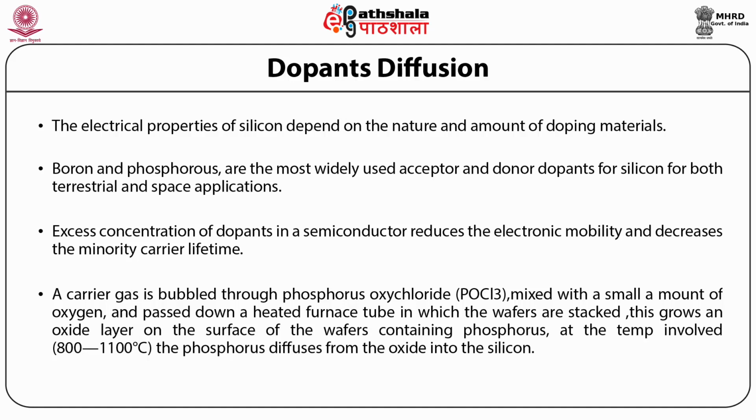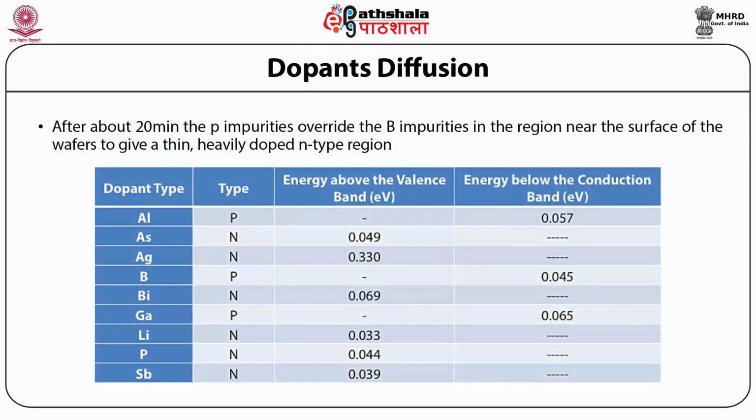This makes the silicon wafer N-type on the surfaces. So after about 20 minutes, the N-type impurities override the boron impurities in the region near the surface of the wafers to give a thin, heavily doped N-type region.